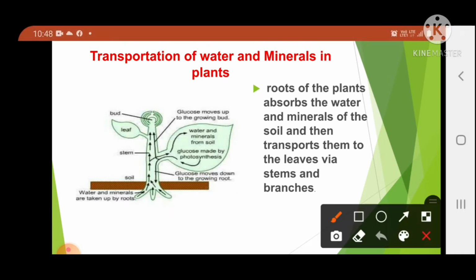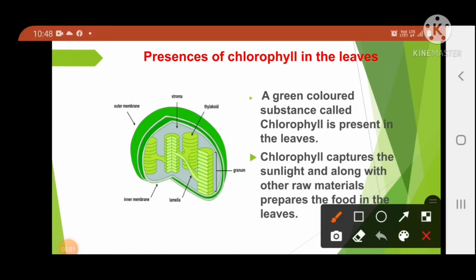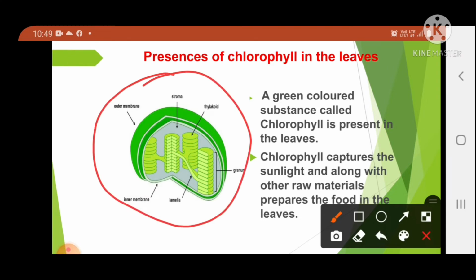Here in this diagram you can see that the roots of the plants absorb the water and minerals of the soil, and then that is transported to the leaves via the stems and branches. This is a very important structure found in leaves, the chloroplast.